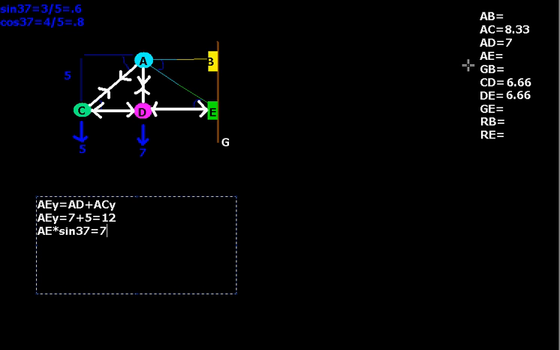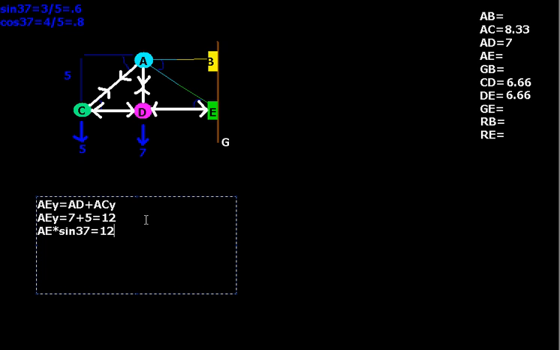Oop, no, I'm sorry. The y portion of this is not 7. The y portion of this is this 12 that we just found out, AE in the y direction. You cannot use Pythagorean theorem. I was wrong. I thought it might have been right, but I was wrong. So that's equal to 12. Right? The diagonal times the sine gives us the height.